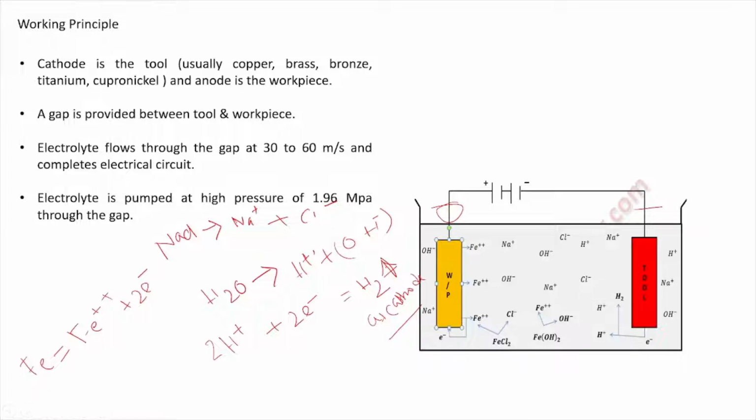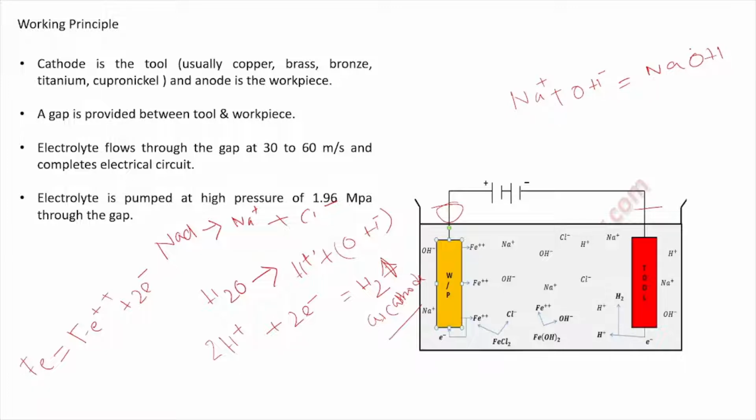So, the cathodic and anodic reactions which we have seen: within the electrolyte, iron ions combine with chloride ions, and sodium ions combine with hydroxyl ions to form sodium hydroxide, that is, Na+ and OH- form NaOH.